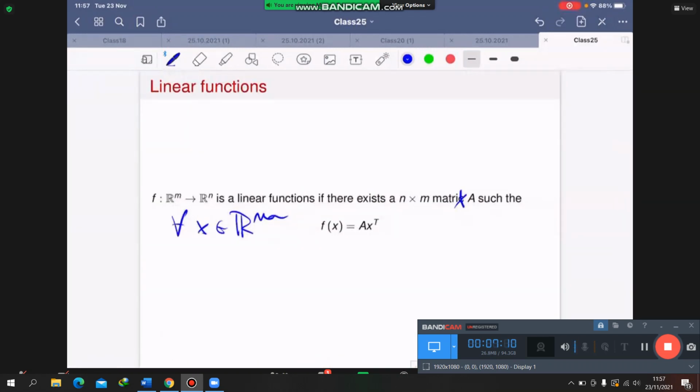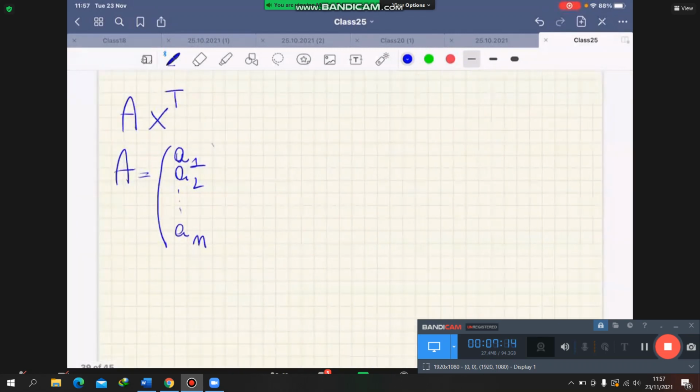The function goes from R^n to R^m, where each a_i is in R^n, i equal 1, 2, ..., m.